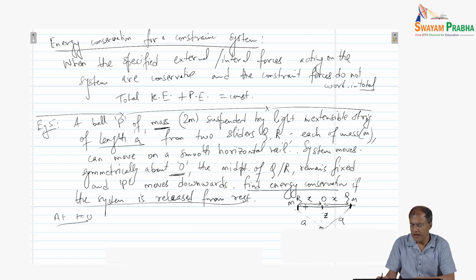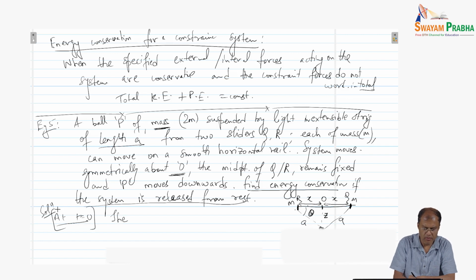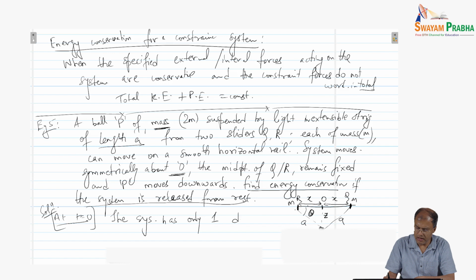Given that the length of the string a is constant, we could have two unknowns x and z, but since x and z are related to a using Pythagoras theorem, we only have one unknown, the angle theta, and that can be our degree of freedom. So the system has only one degree of freedom.